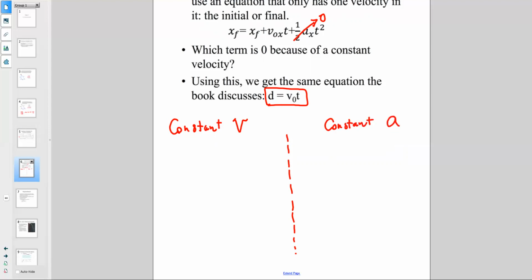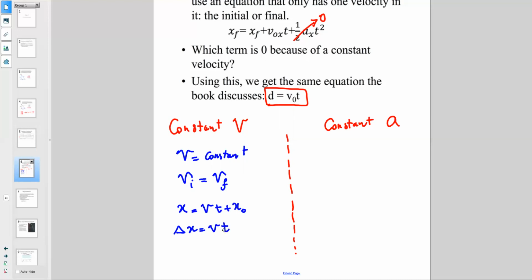Constant v was constant, so v does not change at all, meaning that v initial and v final are the same. x is vt plus x0, or in other words, I can write it like that: delta x is vt.